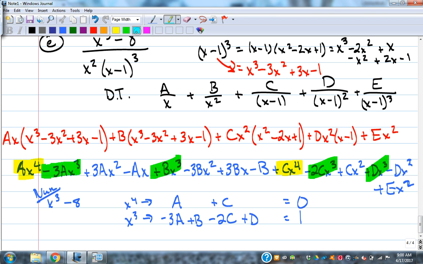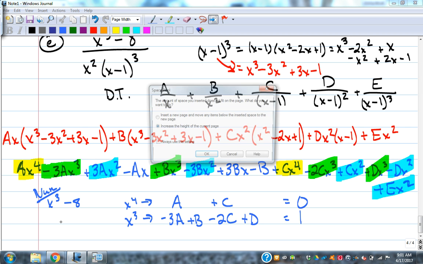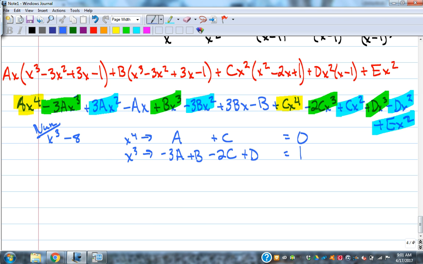And the next thing we need are x squareds. So we have 3ax squared, negative 3bx squared, cx squared, negative dx squared, and positive ex squared. A lot of x squareds. 1 from every variable. So x squareds: 3a, minus 3b, plus c, minus d, plus e.